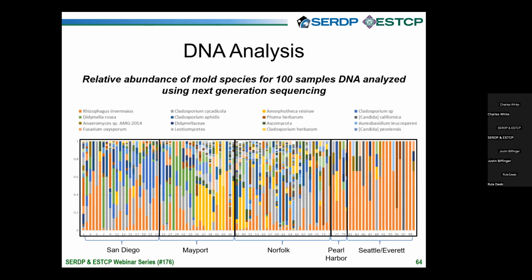So the results of the DNA analysis show some interesting results, particularly for the larger, more high traffic, warm area ports, where there was a high occurrence of mold, but of a relatively lower fungal concentration across the ships, and a higher fungal biodiversity, as represented by these graphs, with the names of the fungus identified above the chart.